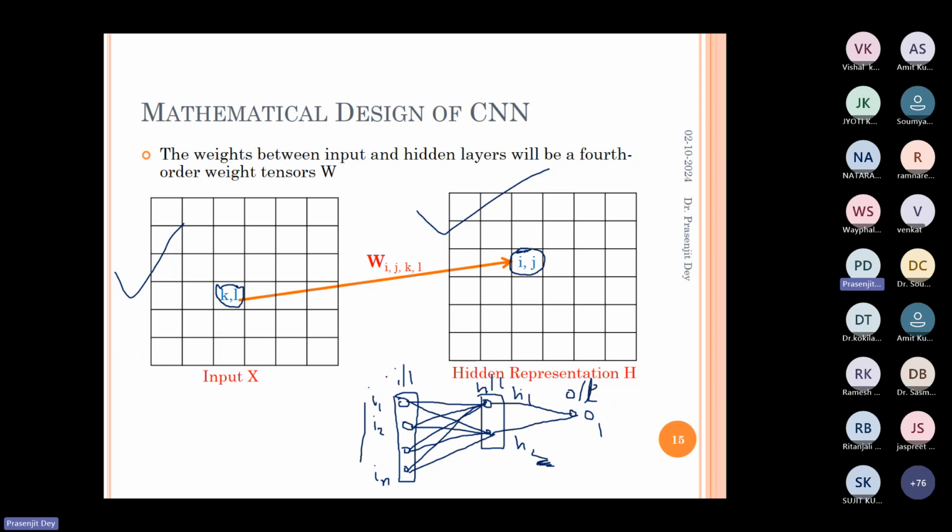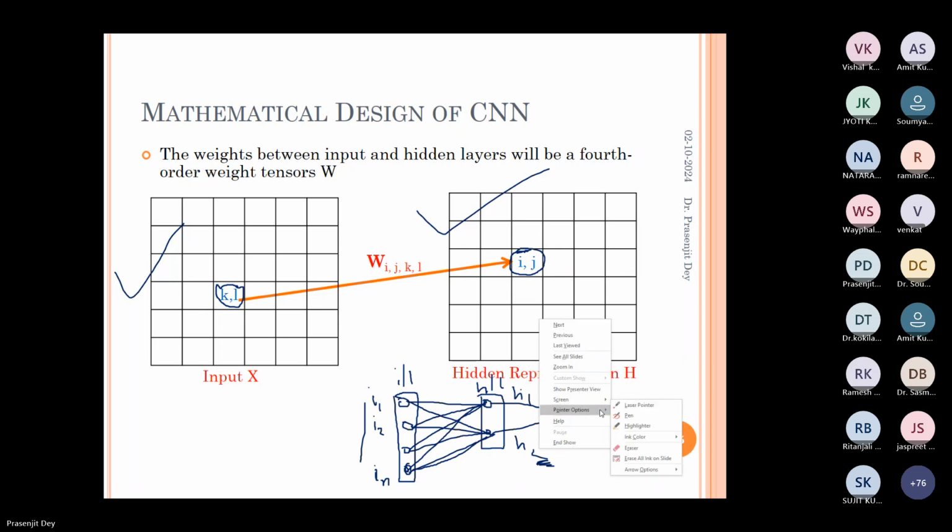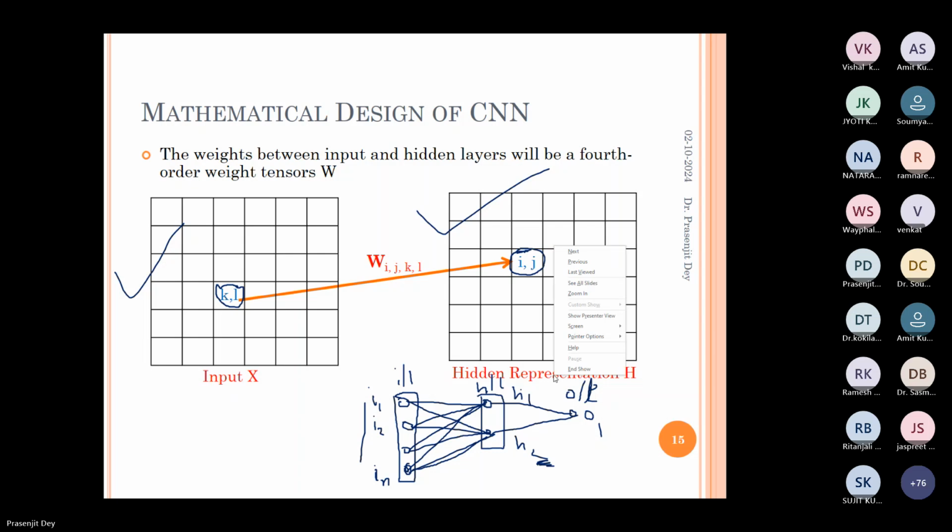Suppose this input node is connected with this hidden node. The input node is N and the hidden node is 2.